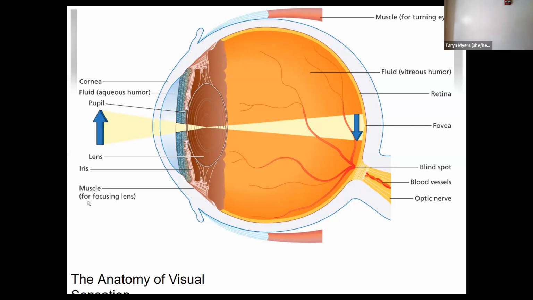Cones detect color, rods detect light and dim and nuance there. And the whole fovea is covered with those, with the exception of the blind spot.